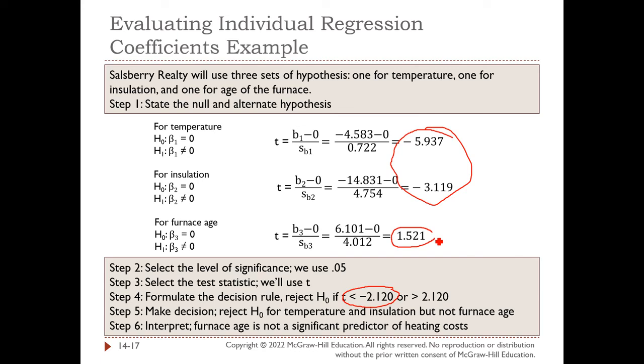But this one right here, the only positive number, is actually less than 2.120. So that means it falls in between, which means we cannot reject it. So we can only reject 2, but the furnace age is not a significant predictor of heating cost. That's what we're interpreting here. So we know 2 are significant in predicting heating cost, which are insulation and temperature, but not the furnace.